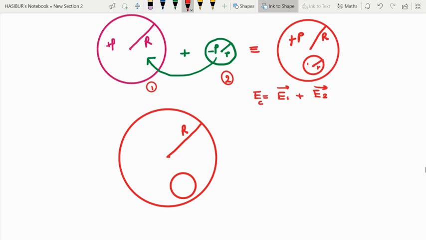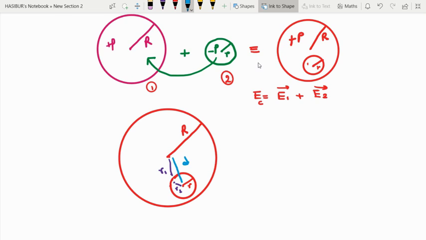Let's take an arbitrary point inside this cavity. The distance of this point from the center of the smaller sphere is r2, and its distance from the center of the larger sphere is r1. The separation of these two centers is d.